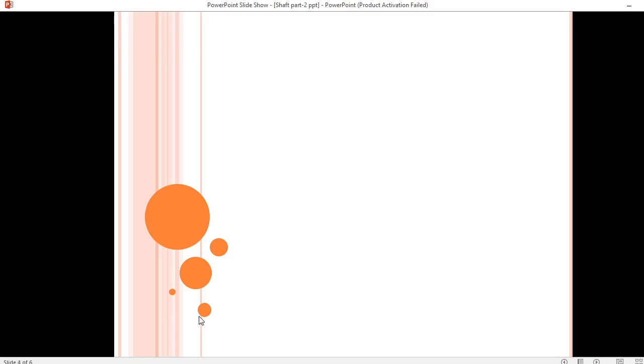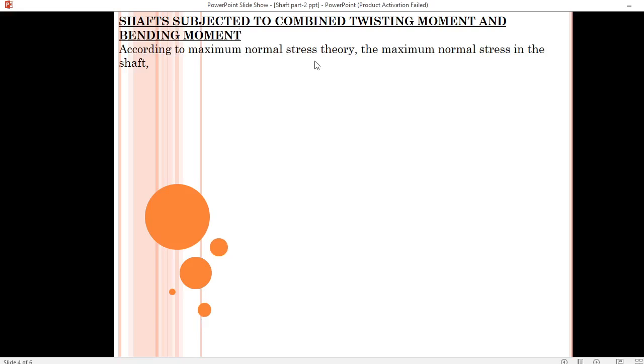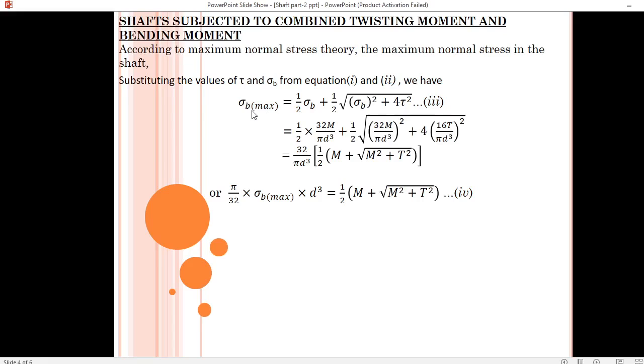Next, according to the maximum normal stress theory, we know that sigma b max is equal to 1 by 2 sigma b plus 1 by 2 root over of sigma b square plus 4 tau square.